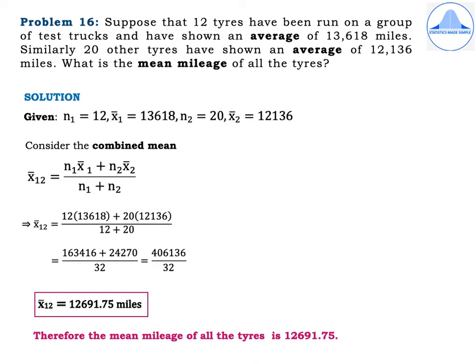So under solution, write given n1 is equal to 12, x bar 1 is the average for the first set of data, that is 13,618, then n2 is equal to 20 and x bar 2 is equal to 12,136. Now consider the combined mean.